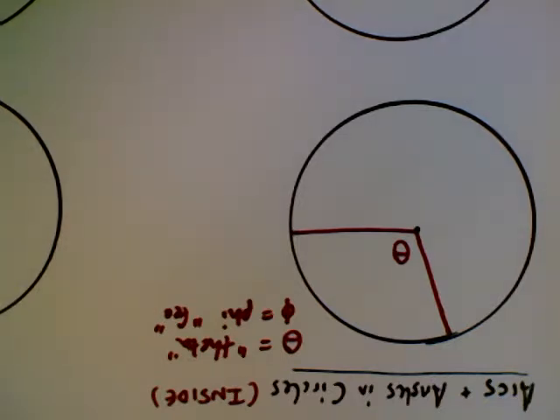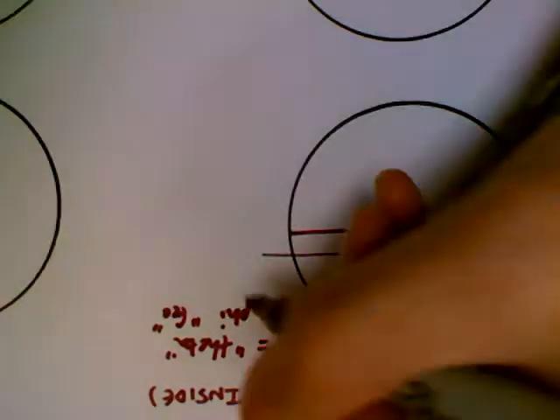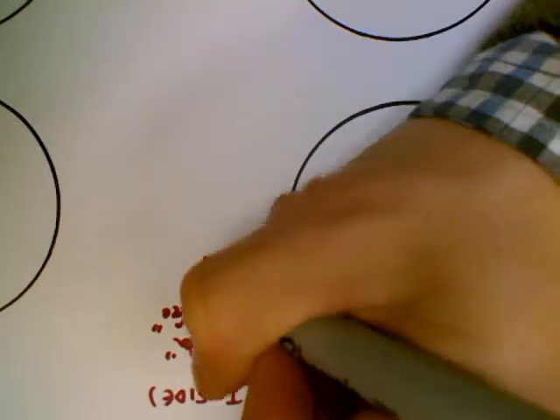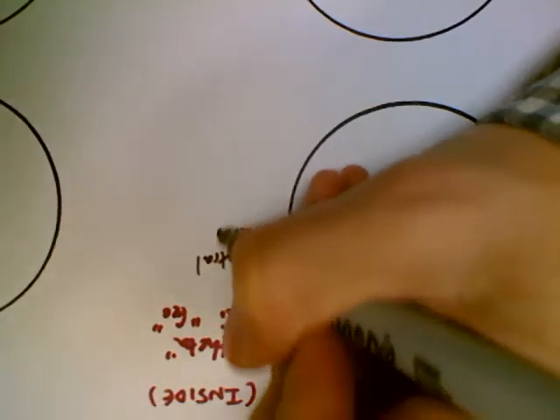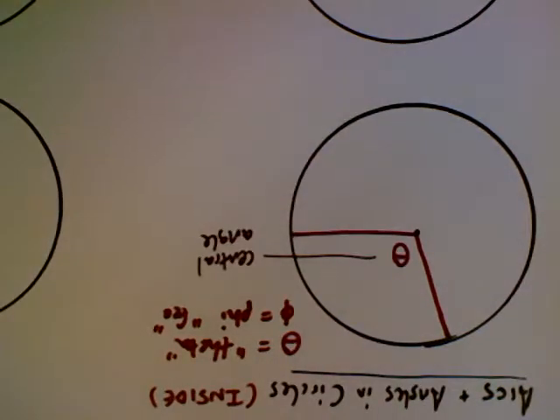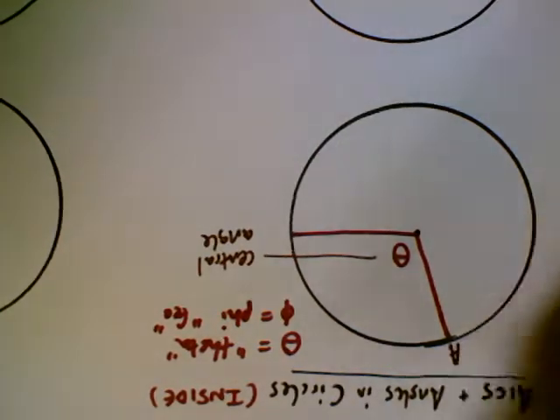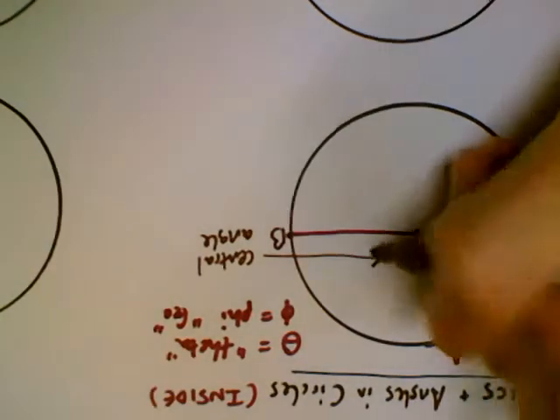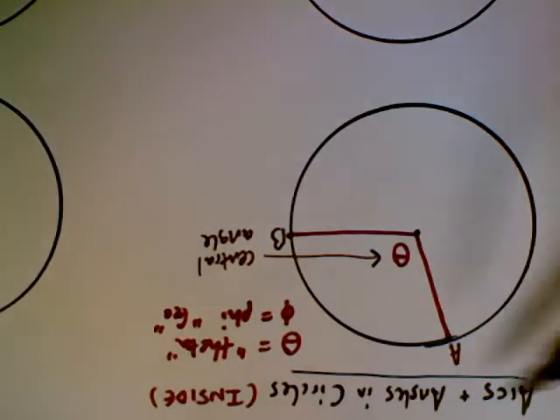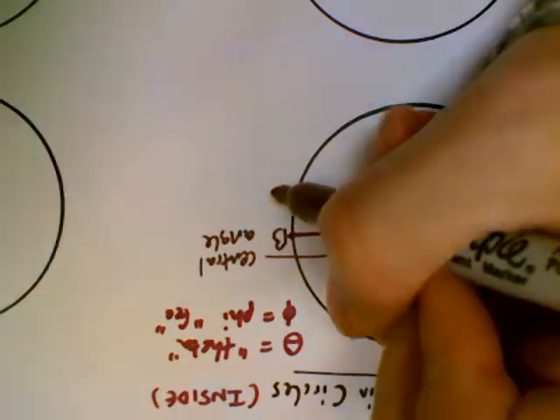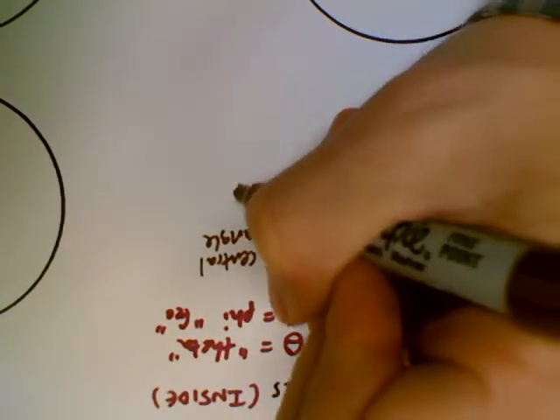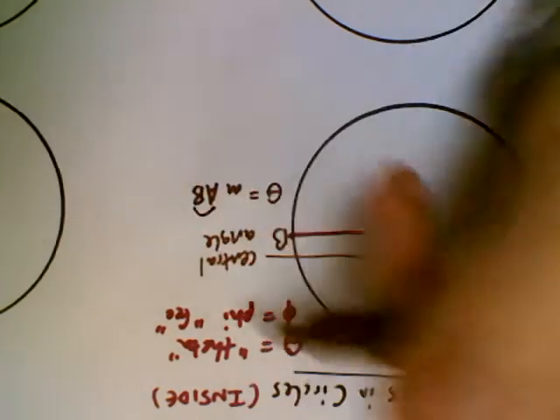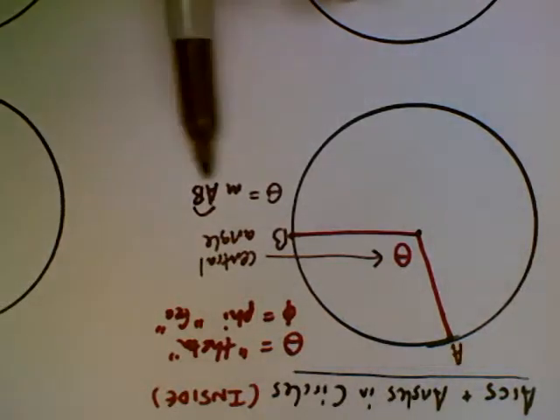So again, we've got this central angle here. That's what this is called. A central angle happens in the center of a circle, and then you've got this arc over here, and I'll use the points in the circle to be A and B. The central angle here is going to be equal to the measure of the arc. And so if I write that theta is equal to the measure of arc AB, these are going to be equal to each other.